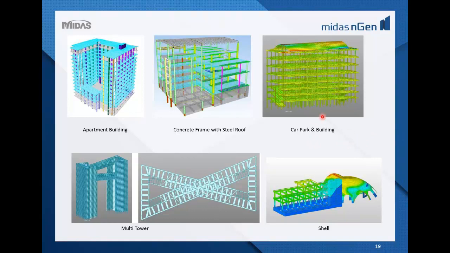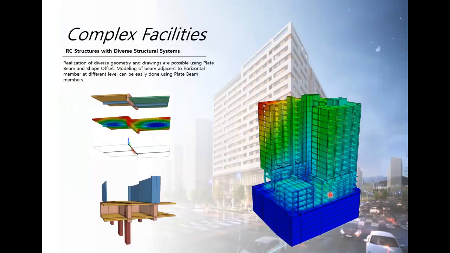A car park and building, then a multi-towered structure, a shell structure as well can be done along with the frame structure. Then complex facilities, as you see over here, can be provided in MIDAS nGen. We have got a plate beam kind of element which can have the slabs at the top, at the central position or at the bottom wherever required, like the drop slab.